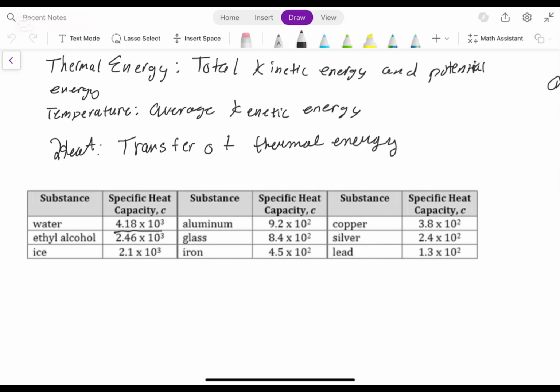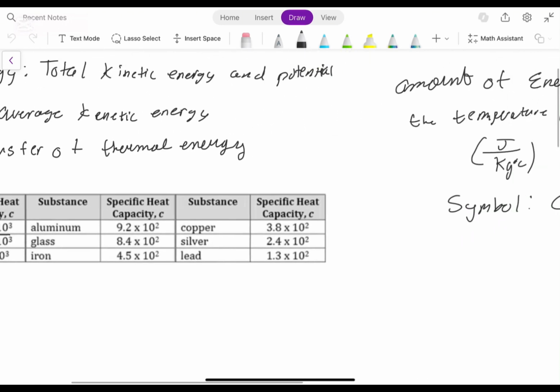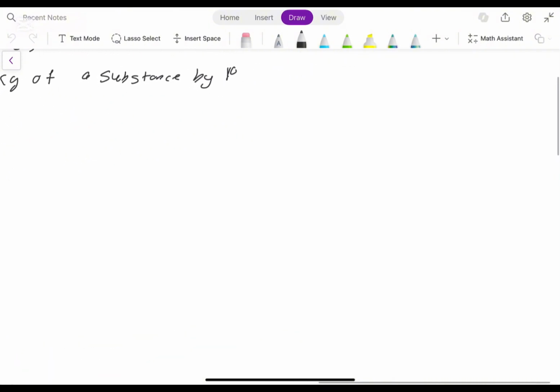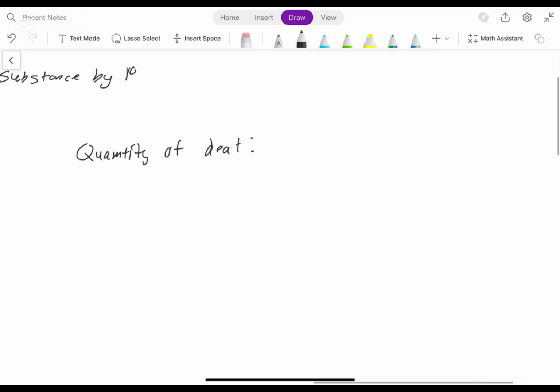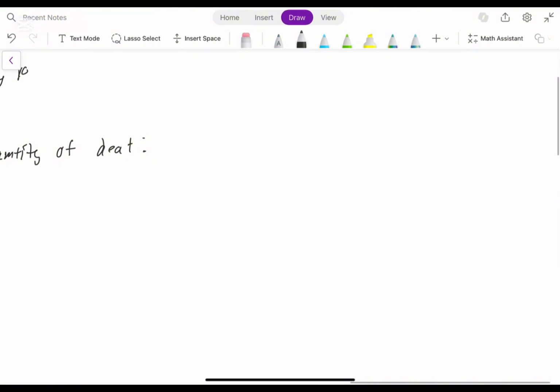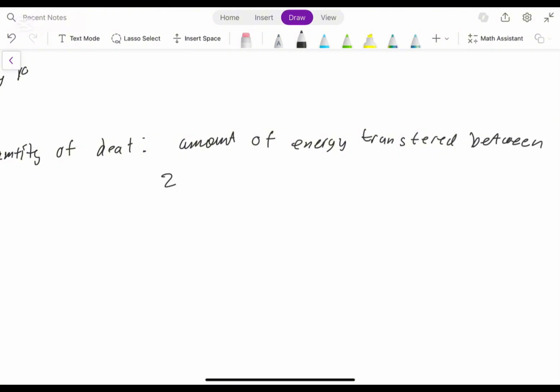So now let's look at what the quantity of heat means. The quantity of heat refers to the amount of energy transferred between two objects.